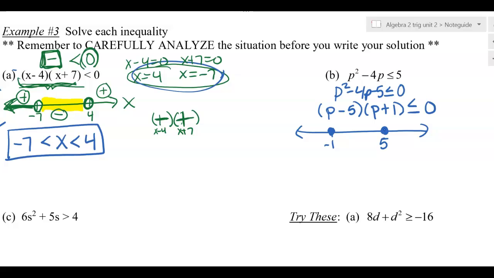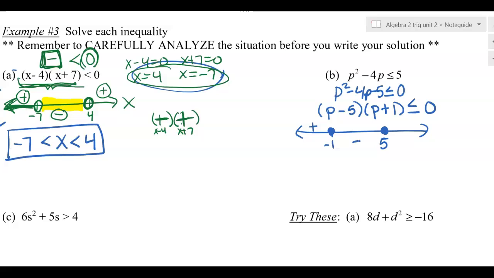Okay? And then I quickly go through and I do the analysis on the 3 sections. What's happening with these different sets of x's where it's crossing the axis? So if I pick numbers smaller than negative 1, I would end up with a negative times a negative, which would end up being positive. If I pick a number between negative 1 and 5, say like 0, I end up with a negative times a positive, which makes a negative.